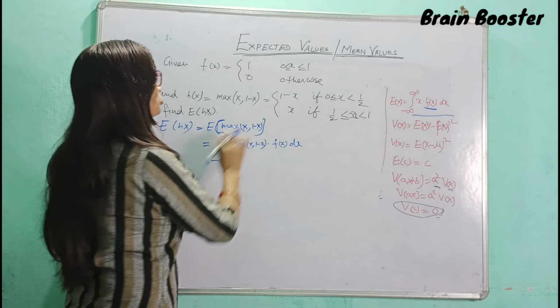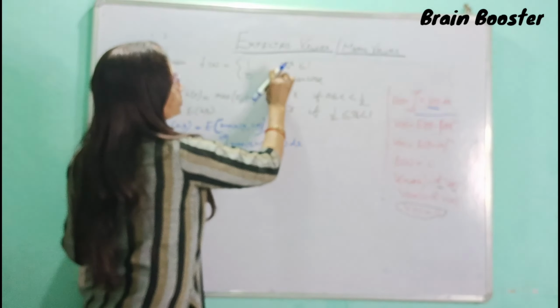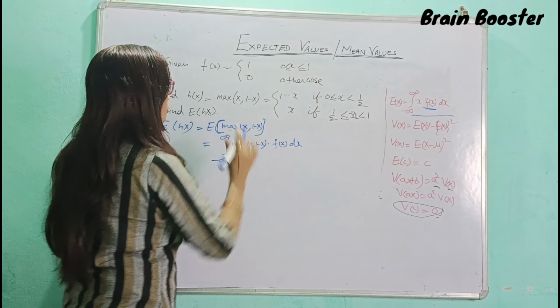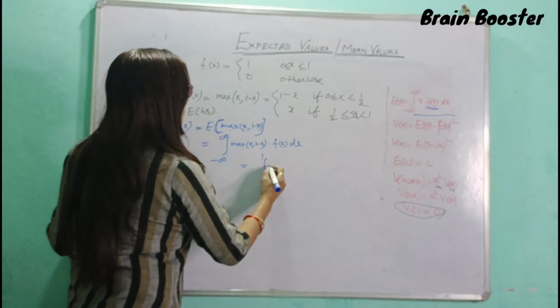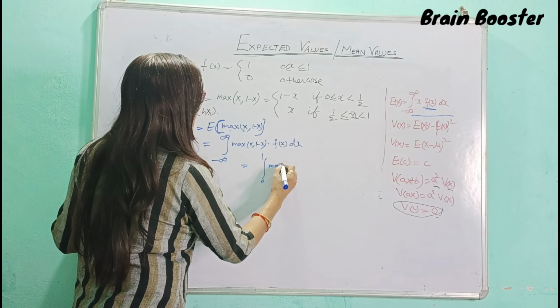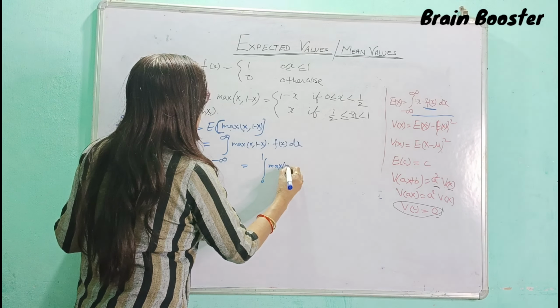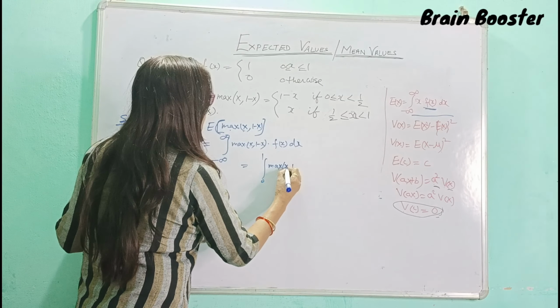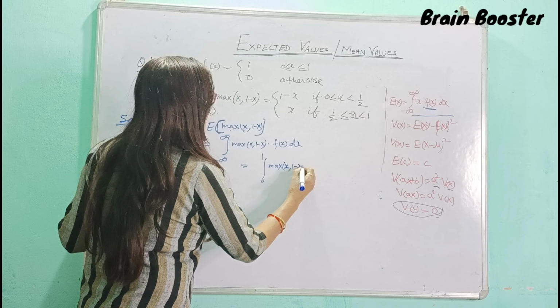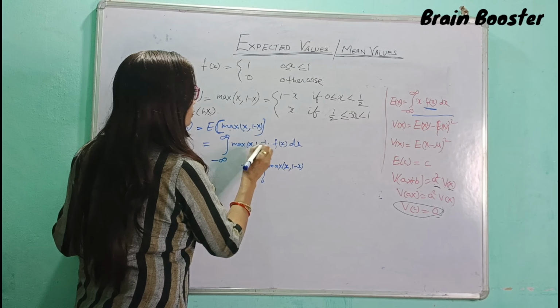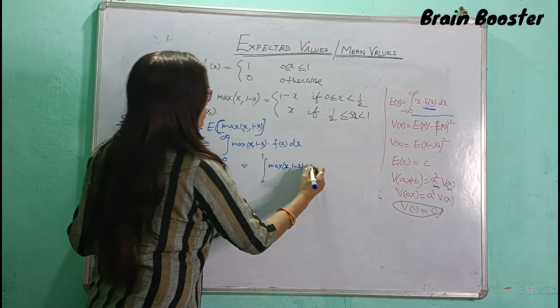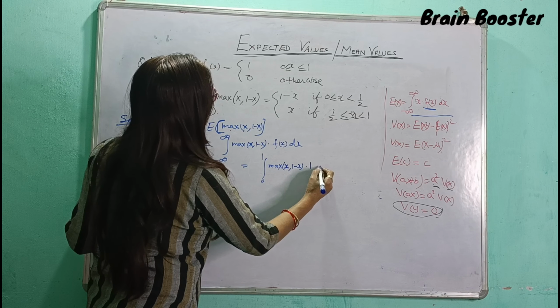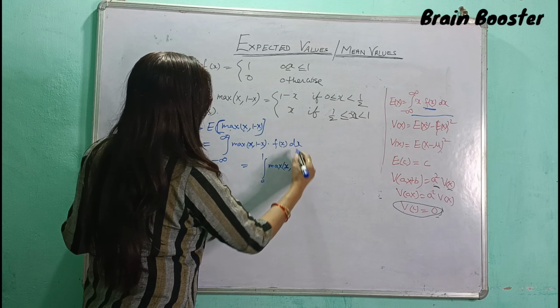So no need to do others. We have to take only the integration between 0 and 1. That means from 0 to 1, maximum of x and 1 minus x into f(x), which is 1, dx.